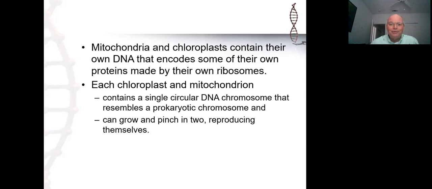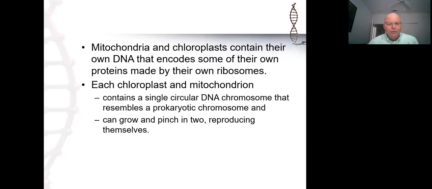And so they came to an arrangement which is called a symbiotic arrangement. We actually refer to this as the endosymbiotic theory of the origin of mitochondria and chloroplasts.